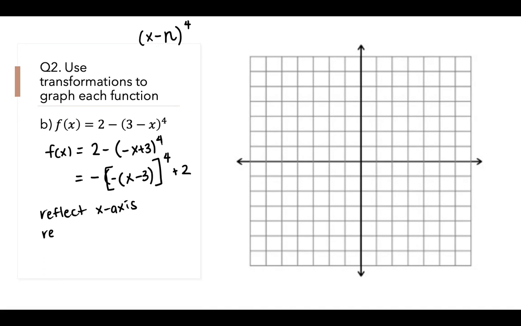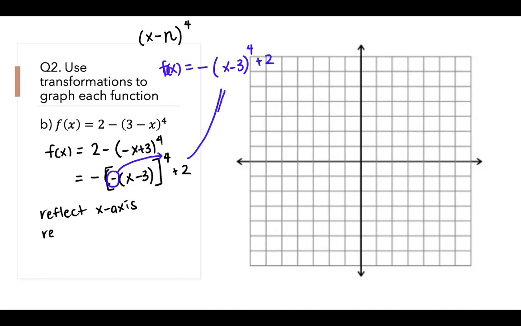But keep in mind that a negative to an even power turns it into positive. So therefore, f of x is equal to negative, bracket, x minus 3, to the 4 plus 2.